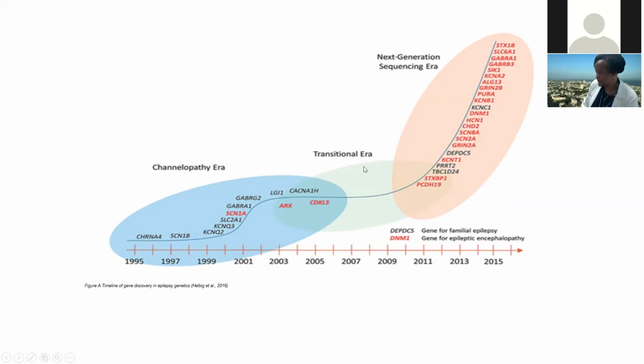Then there is a transitional era where physicians said, there is much more that we need to learn here. Around 2008, 2009, there has been an exponential discovery of genes linked to epilepsy. Initially, these patients were labeled as, this patient has Lennox-Gastaut, this patient has West syndrome, okay?